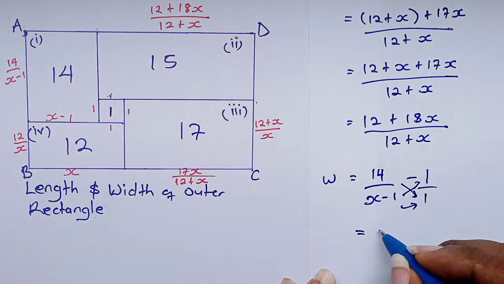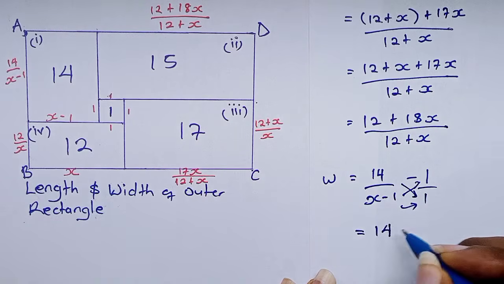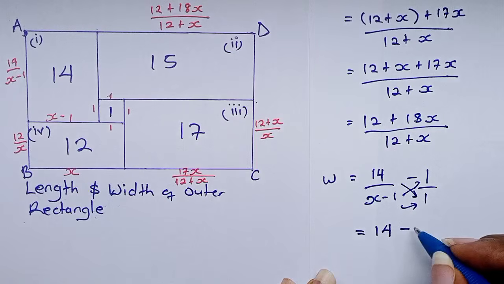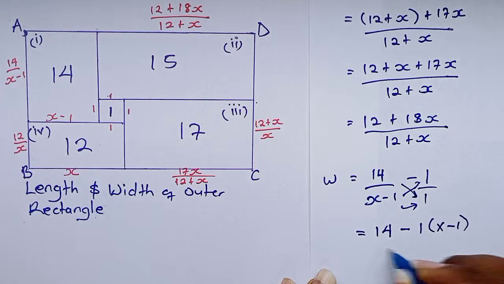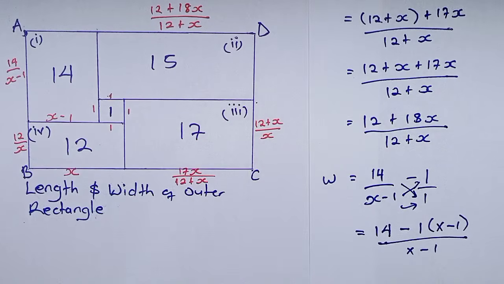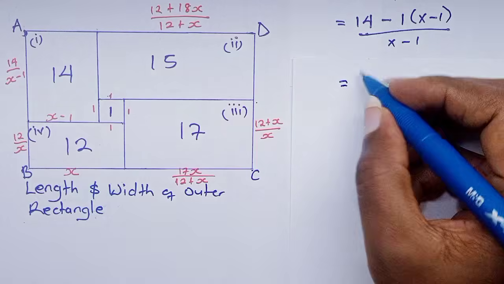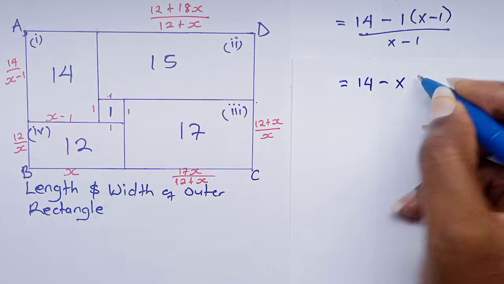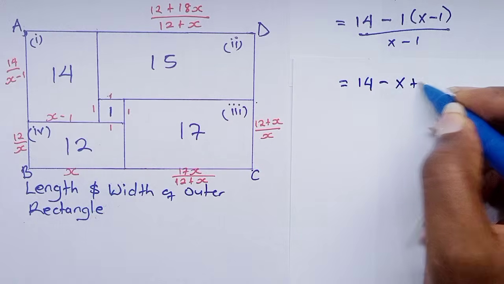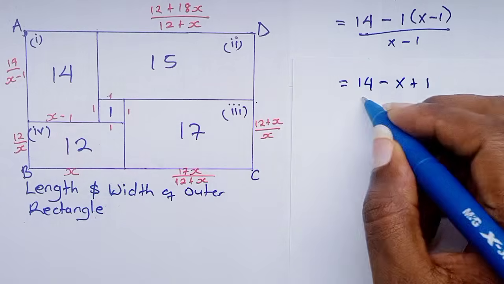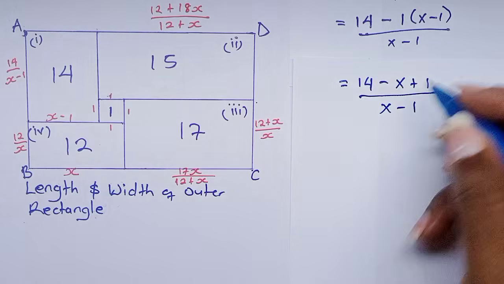This will be equal to 14 minus 1 into x minus 1 over x minus 1. So this will be equal to 14 minus x. This times this becomes plus 1 over x minus 1.